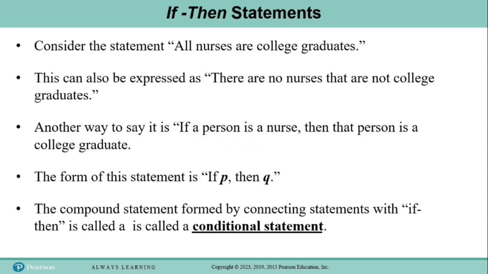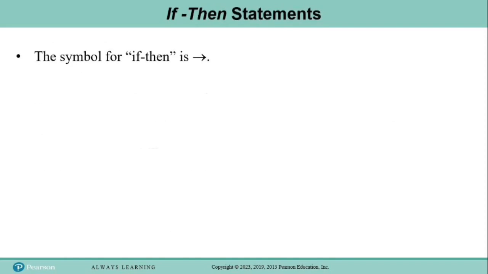And so that's why it's called a conditional statement. Now, the symbol for an if-then statement is this arrow that's pointing to the right. So if we have a statement in the form if P, then Q, that's symbolized like this, P, arrow, Q. So we read this, if P, then Q.